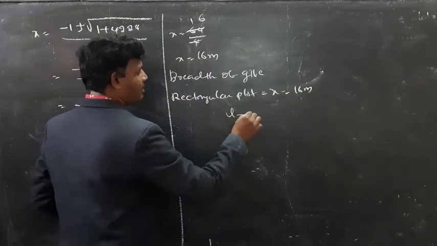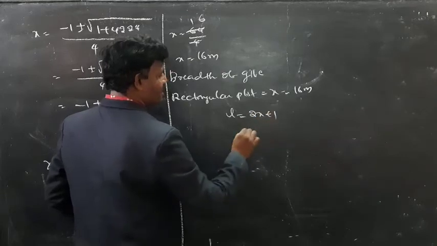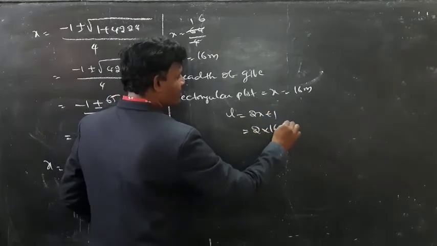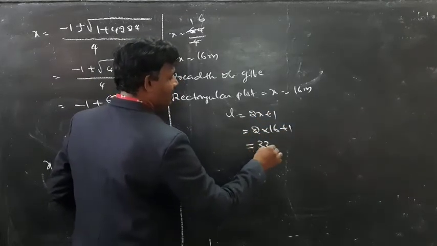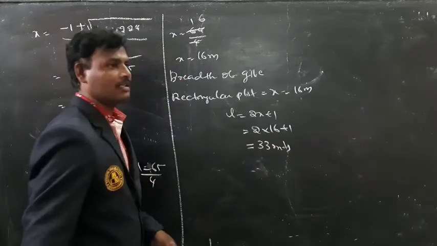Then the length is 2x plus 1, which is 2 into 16 plus 1, equal to 33 meters.